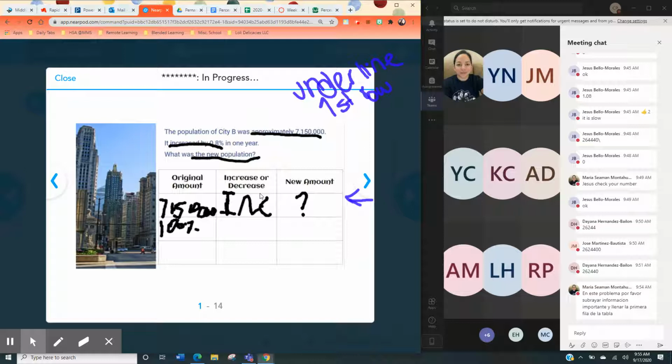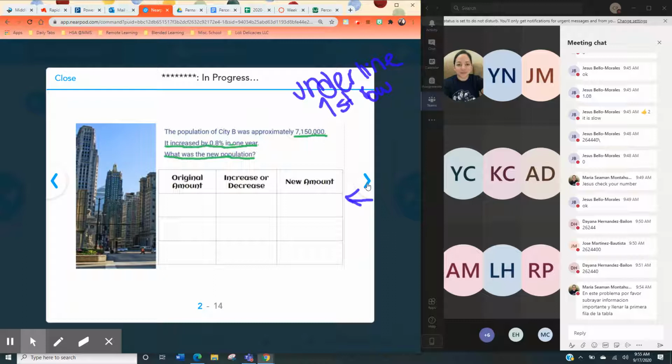Okay, so this one looks good so far. Maybe I would have used the typing tool so I could see my words a little bit better. This one also looks good. Don't forget to fill out the first row. This one looks good. You're missing underlining the original amount and the important question.